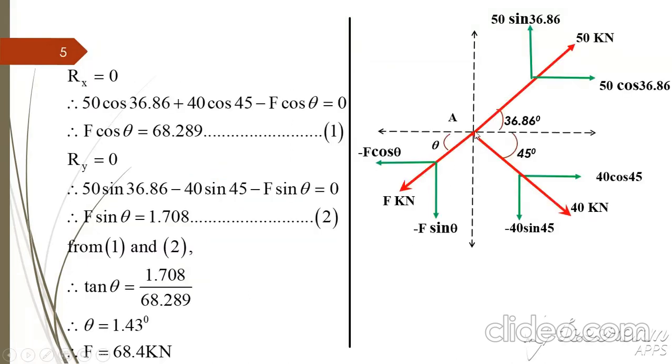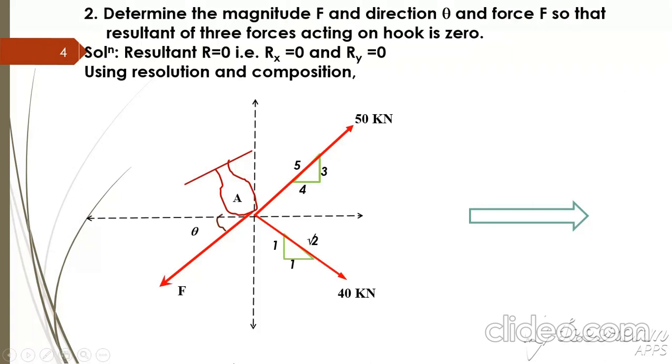So in this figure all these inclined forces are resolved. For the first force, 50 kN, the angle with respect to x is 36.86. This angle will be determined from the given right angle triangle, which is a 5, 3, 4 triangle.